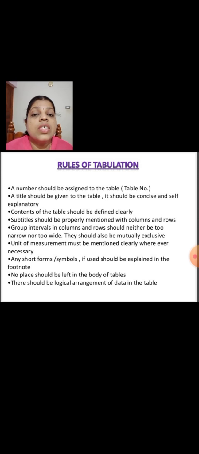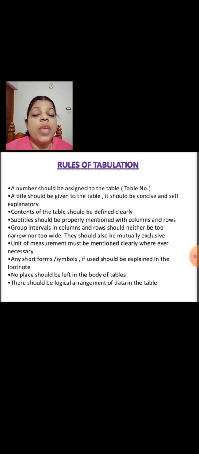The next one, subtitles also should be properly mentioned with columns and rows. Not only the title, we know that in the tabular form certain columns and rows will be there, and for that also we have to provide titles for rows and columns. The next one is, group intervals in columns and rows should neither be too narrow nor too wide.